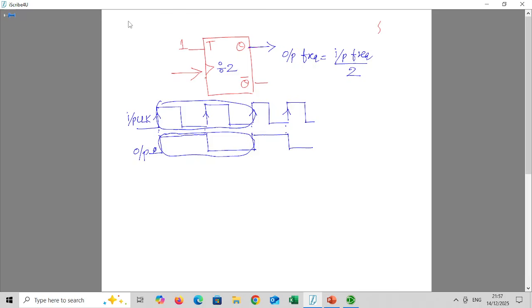Now let's take 2 flip-flops and combine them, and see the relationship between the input frequency and the output frequency. T of both the flip-flops will be 1.